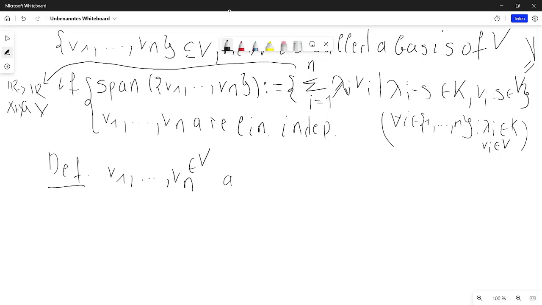Okay, we call them linearly independent when 0 has a unique representation.